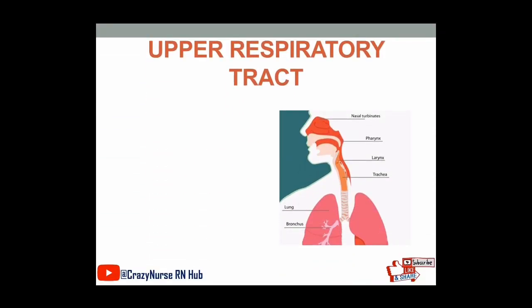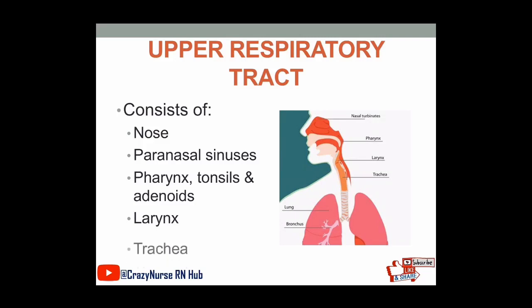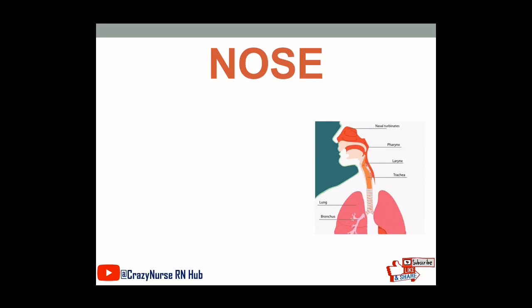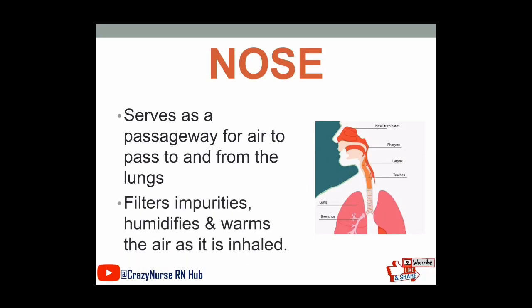Now let's have your upper respiratory tract. It consists of nose, paranasal sinuses, pharynx, tonsils, and adenoids. We also have your larynx and trachea. Let's discuss the nose. It serves as a passageway for air to pass to and from the lungs, and it filters impurities, humidifies, and warms the air as it is inhaled.